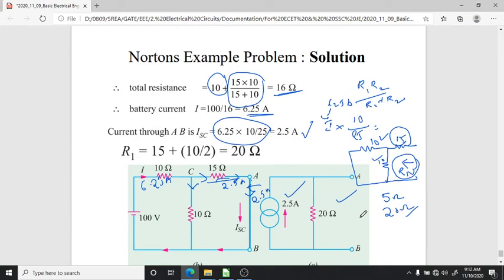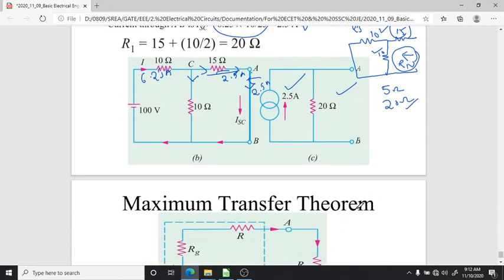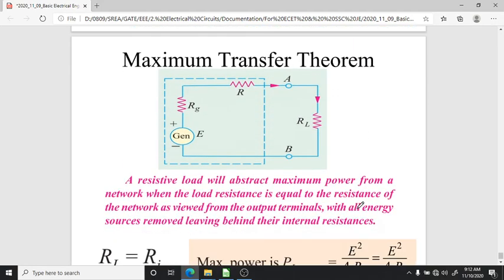Okay, like this we can do the calculation for Norton's theorem. Okay, clear. Next we'll go to the maximum power transfer theorem. What is the maximum power transfer theorem?